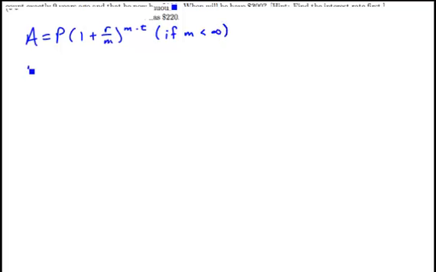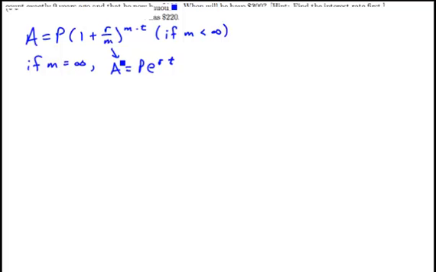If M is equal to infinity, then we say that the interest is compounded continuously, and this formula becomes one of this form. It's kind of interesting to see how this happens. As M goes to infinity, the quantity 1 plus r over m to the m, just that piece, becomes e to the r.